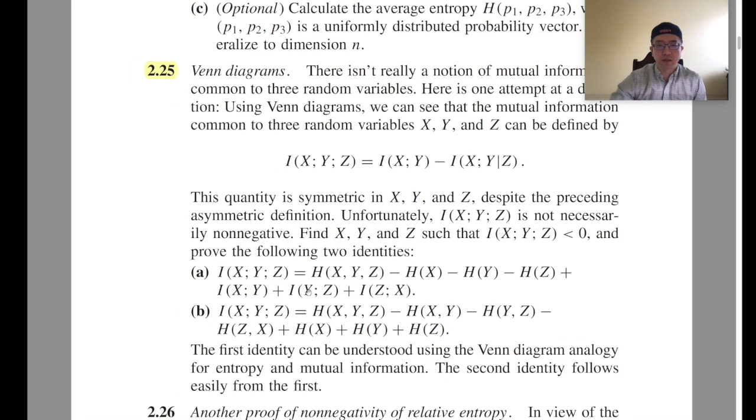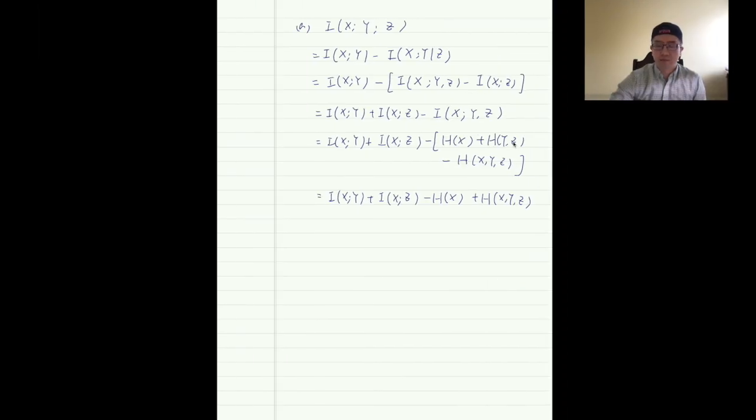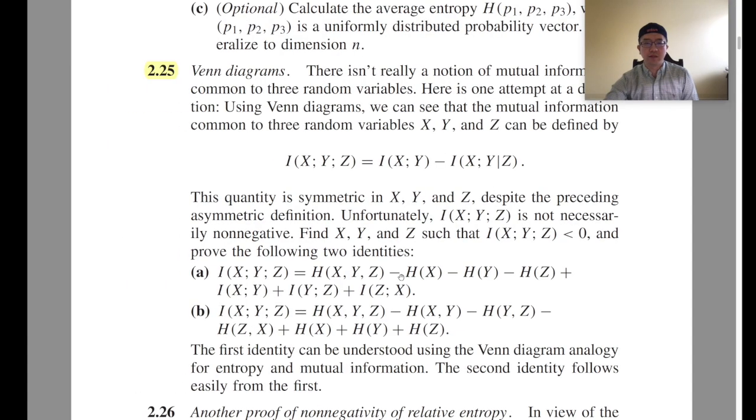But what we need is another mutual information between y and z, and the entropy of y and the entropy of z, right? Clearly, we just write this as, let's say, minus, because we know the mutual information equals entropy y plus entropy z minus entropy yz, right? We can manipulate that to get this term as entropy y plus entropy z minus mutual information between y and z. Okay, so then that is basically the solution, right? We're done. Okay, that's it. So if you compare this and that, it's identical.